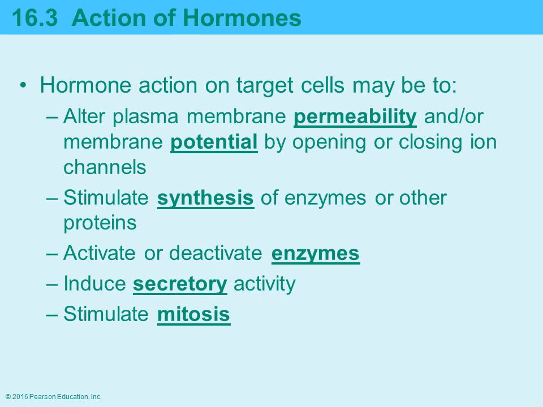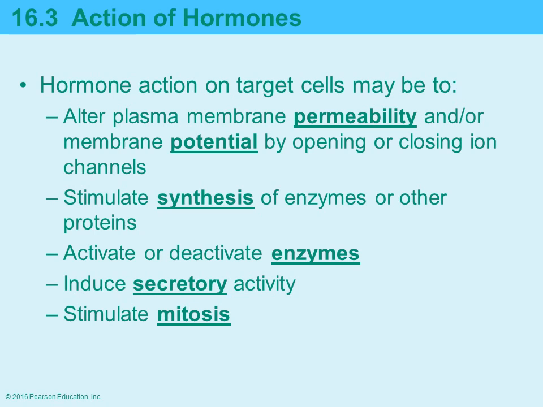Now, when the hormone is secreted, as I said, it will bind to receptors on the target cell. So what's going to happen when it binds to it? It depends on the hormone you're talking about and the target cell. Sometimes it will affect the permeability of that plasma membrane. Sometimes it may change the membrane resting potential by either opening or closing some of your ion gates.